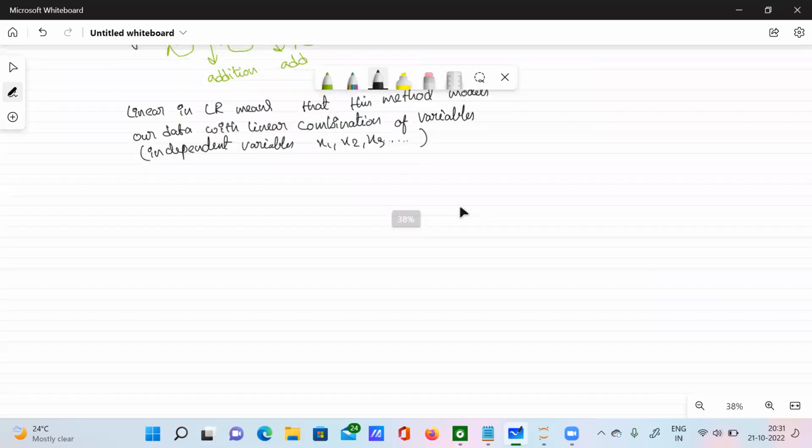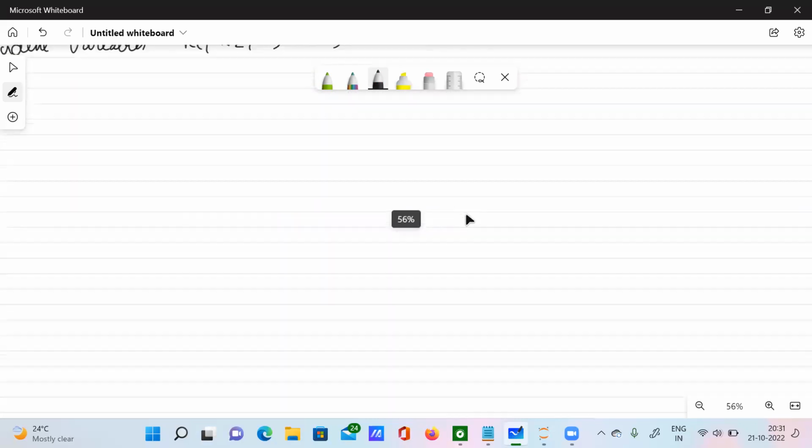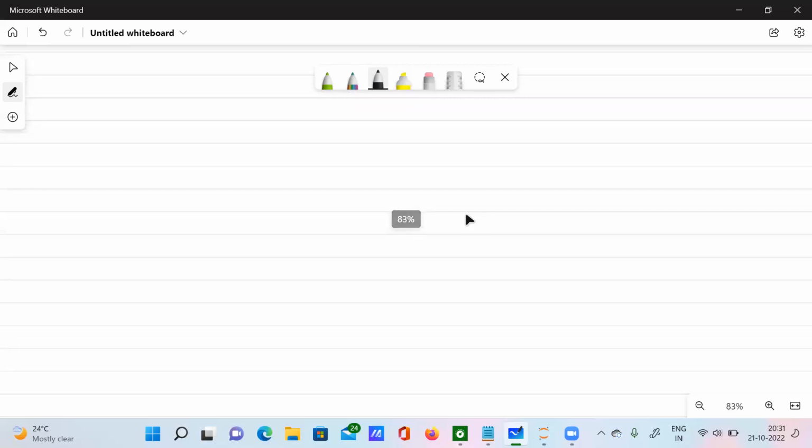I'll tell you the basic difference between simple linear regression and multilinear regression. For example, I have only one variable, that is x, and I am predicting y.